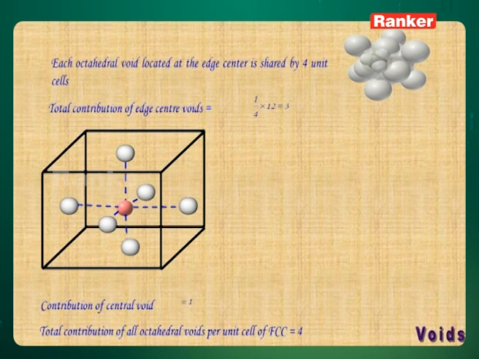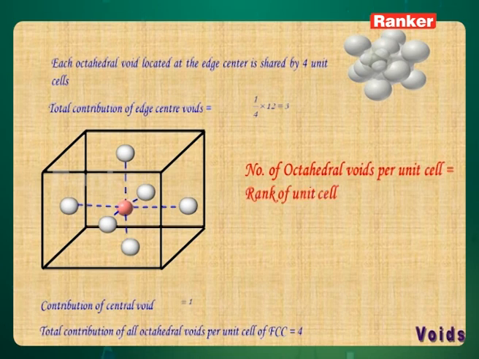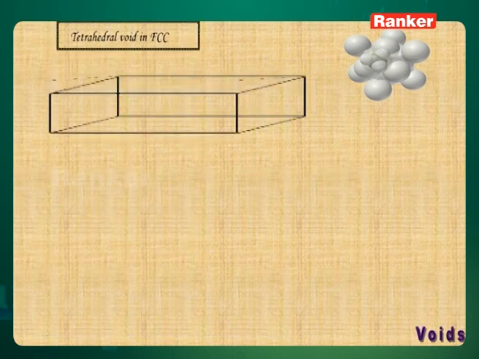That means the number of octahedral voids is equal to the rank of the unit cell. We told that the rank of the unit cell is nothing but the number of effective atoms. The number of effective atoms in FCC is 4, and the number of octahedral voids in FCC is also 4. So the number of octahedral voids is equal to the rank of the unit cell.